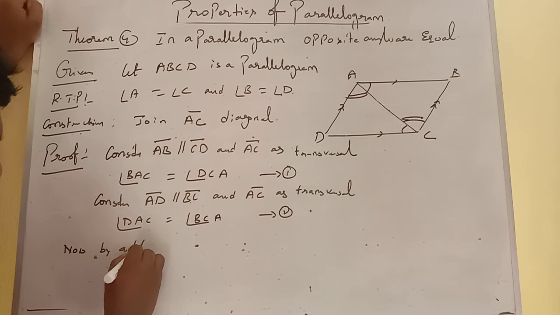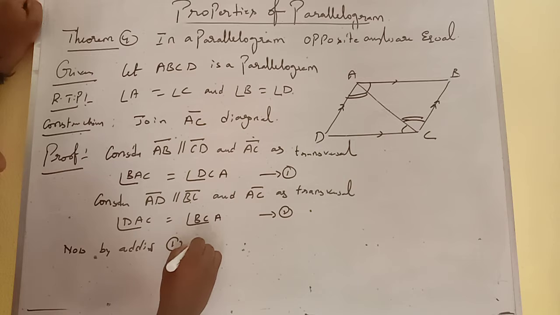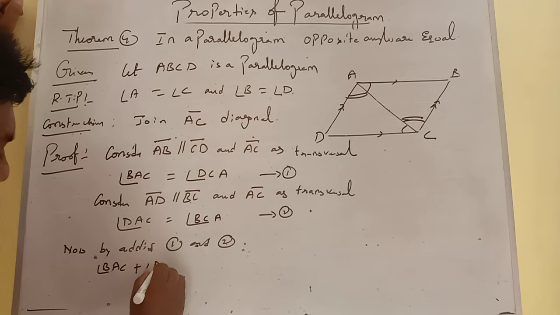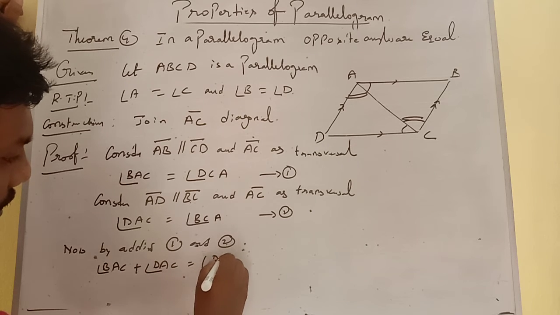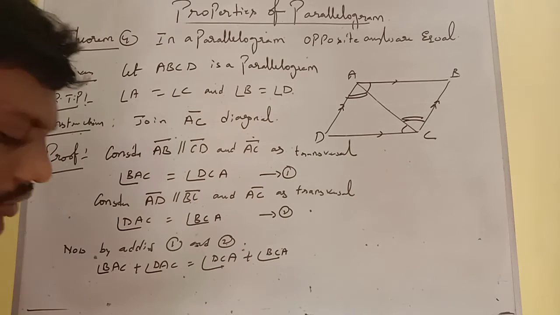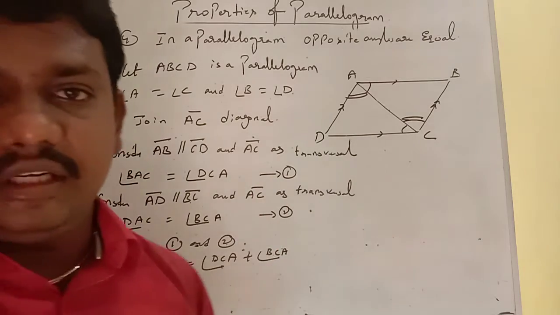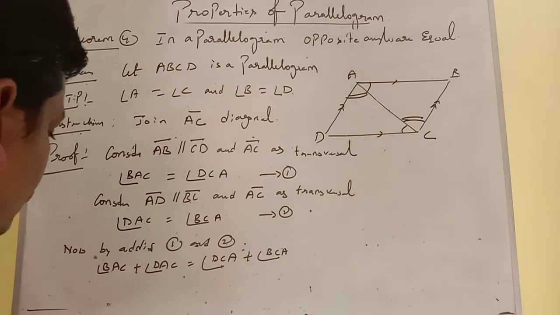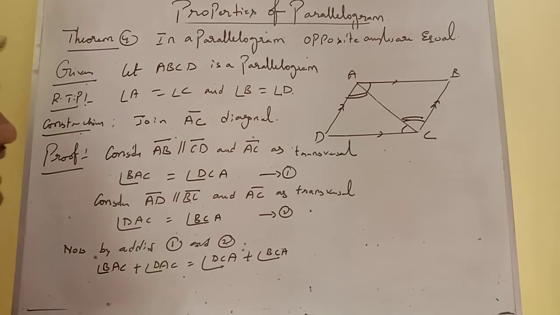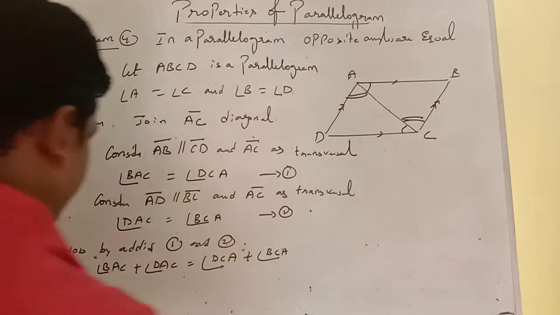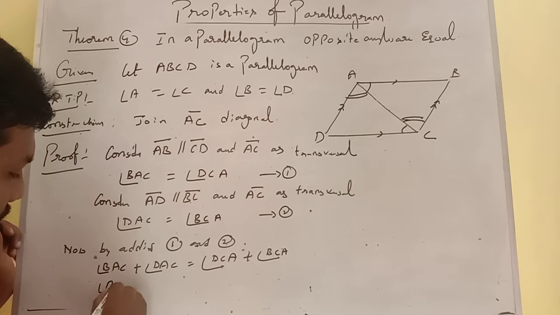Now by adding equations 1 and 2, we add the LHS and the RHS separately. Angle BAC plus angle DAC is equal to angle DCA plus angle BCA. On the LHS, BAC and DAC together make angle BAD.